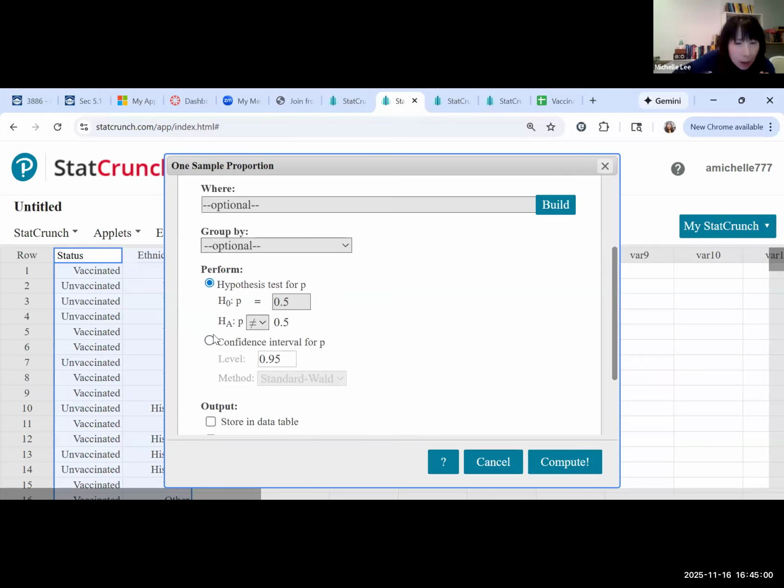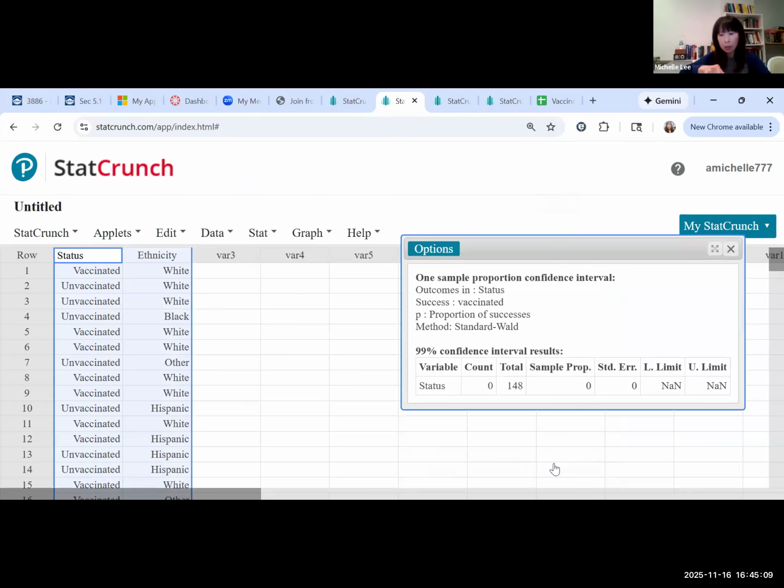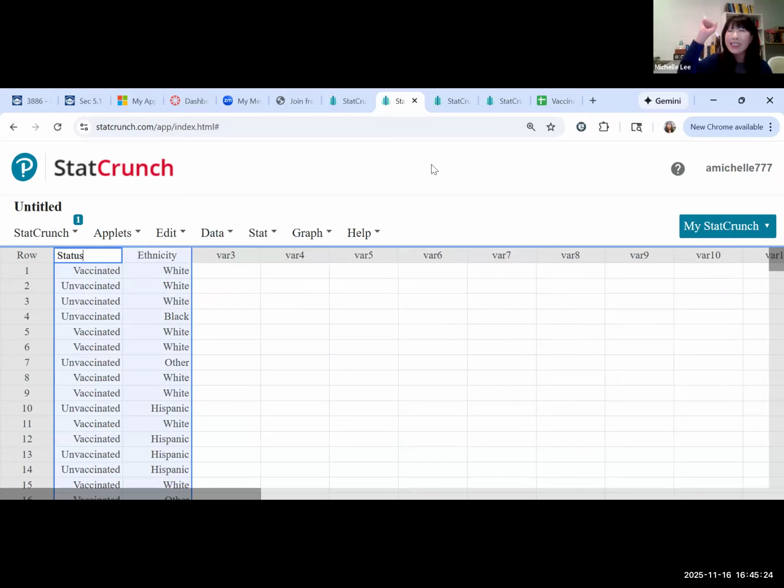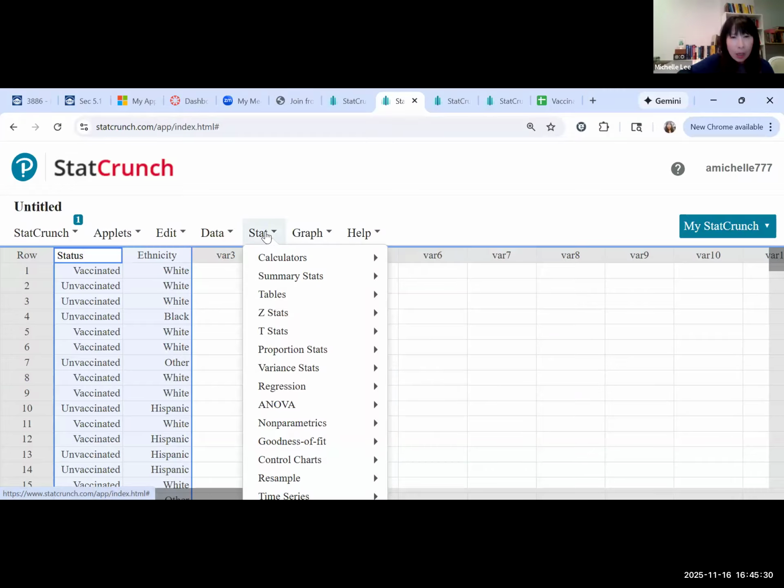Okay, then confidence level will be 99 and just compute. Okay, so, oh wow. Hold on one second. Did I make a mistake? Hold on. Oh, I did not click the confidence level. Hold on one second. Let us do it one more time.